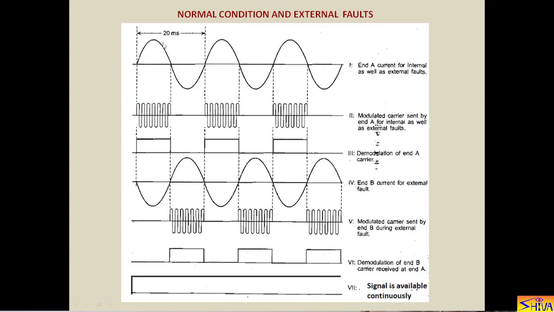So this is the current in the secondary of CT at end A during internal fault, external fault as well as during normal condition.